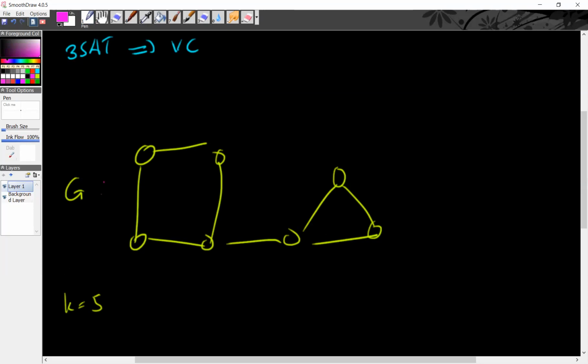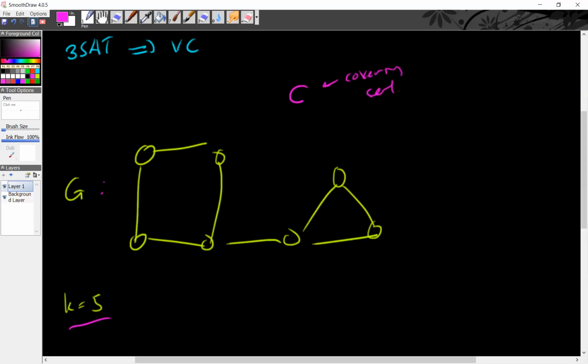The task for this problem is that you must find at most k vertices. If k is 5, then in this example you can only put at most 5 vertices in some set. Let's call that set C. This is what we call a covering set. You can only put at most 5 vertices in it, and this must cover all the edges.